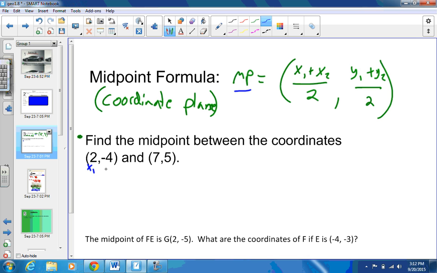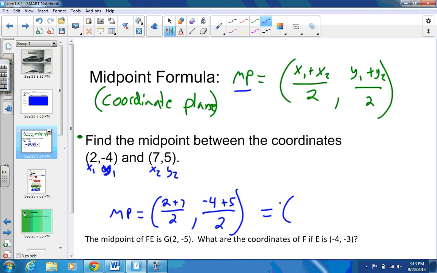We'll make this your x1 and y1, and this one will be your x2 and y2. So if I plug in for that midpoint formula, I'm going to use 2 plus 7, divide that by 2, and have -4 plus 5, divide that by 2.